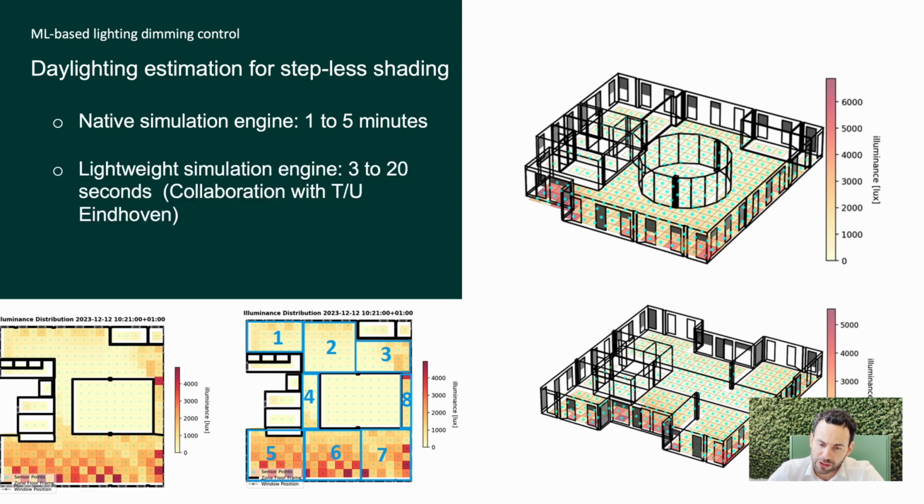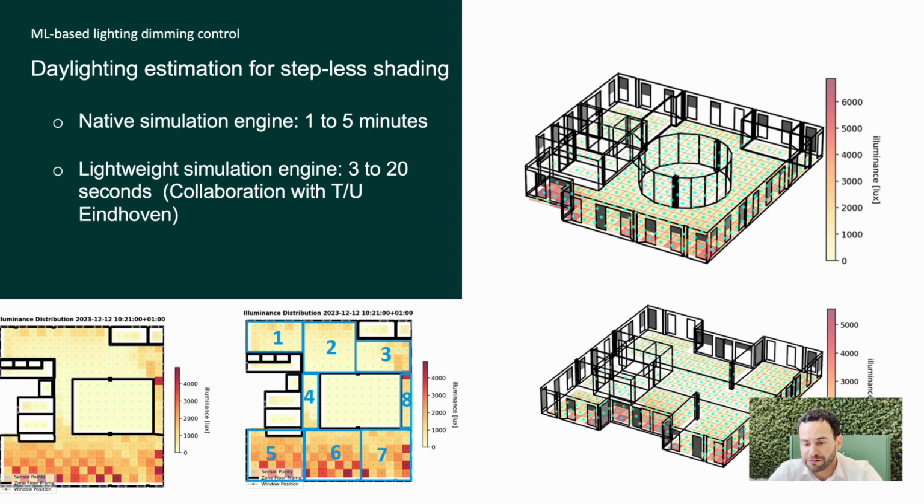Then, thanks to the collaboration with the University of Eindhoven, we have been working on a lightweight simulation engine that manages to get the same results, but using only 3 to 20 seconds. That's already a big improvement, and kudos to the TU team for this.